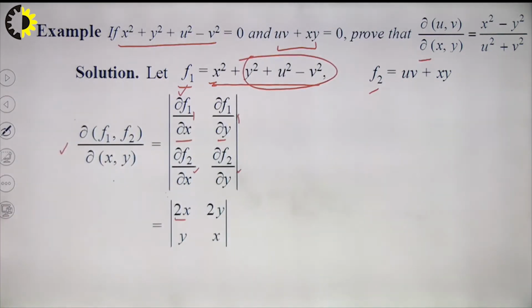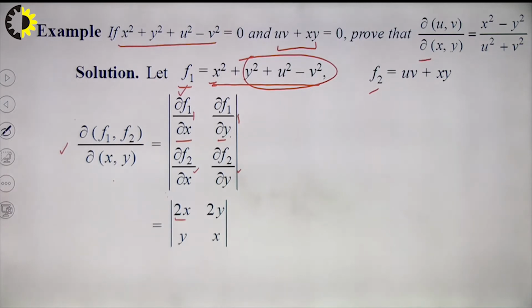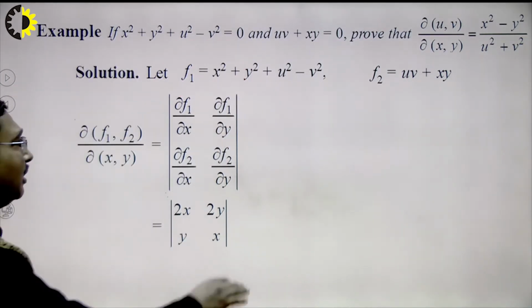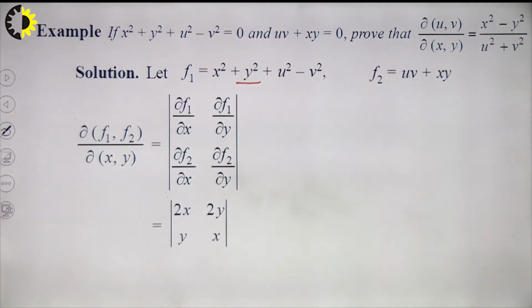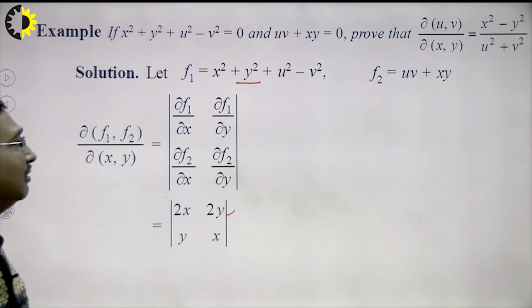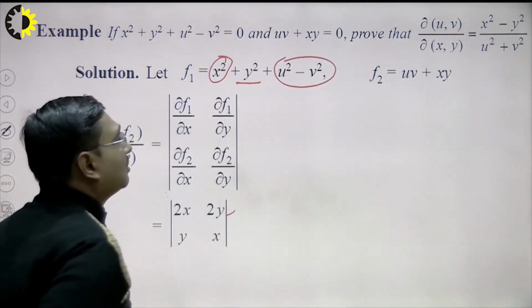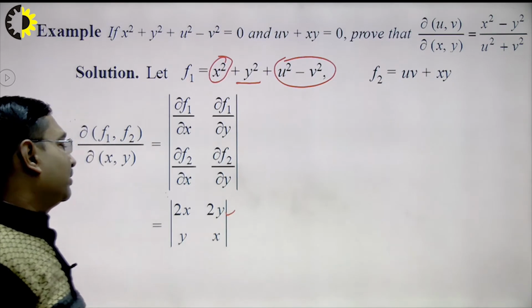Similarly, del f1 over del y will be calculated from this f1. This time y square when differentiated will give twice of y, and the remaining terms x square and u square minus v square will be considered constant, and therefore those terms will vanish.